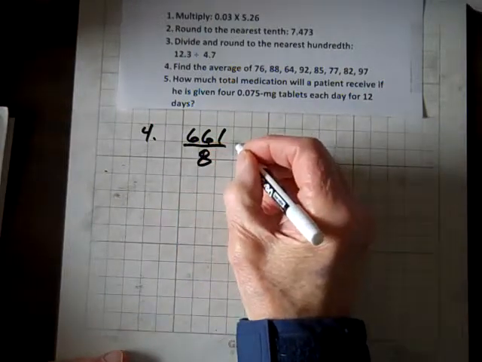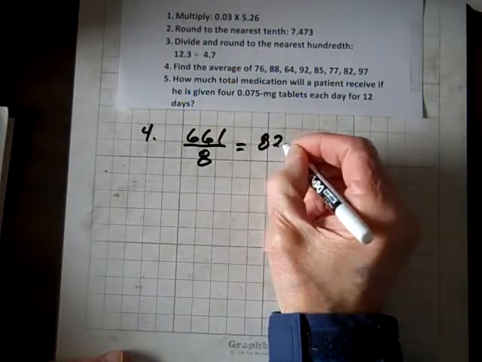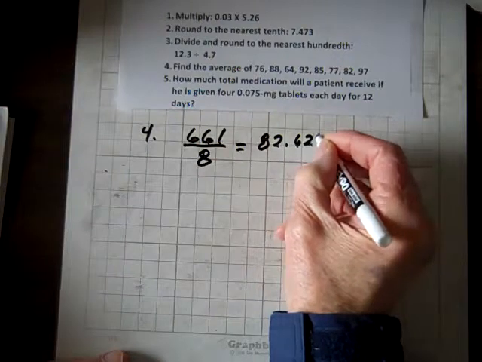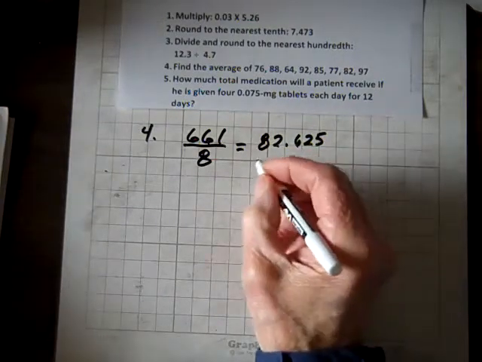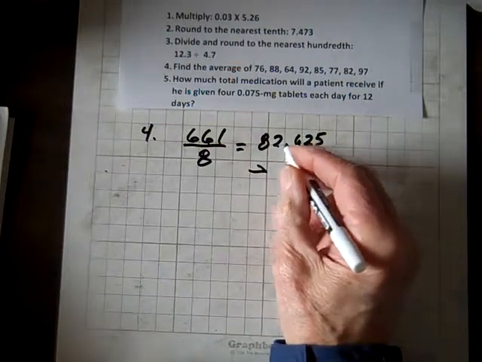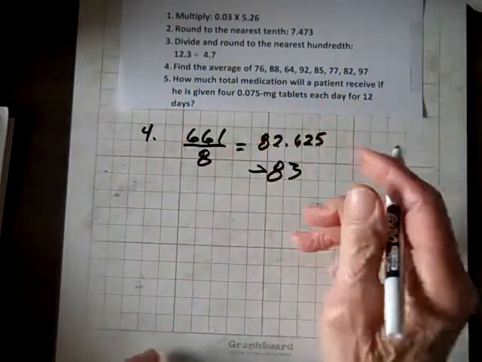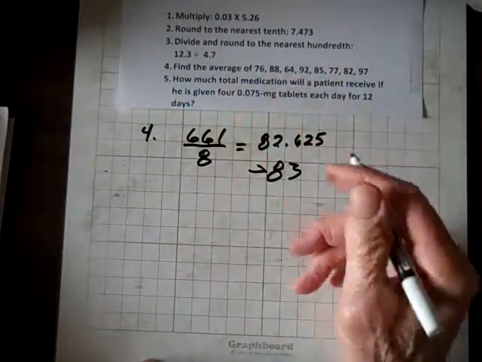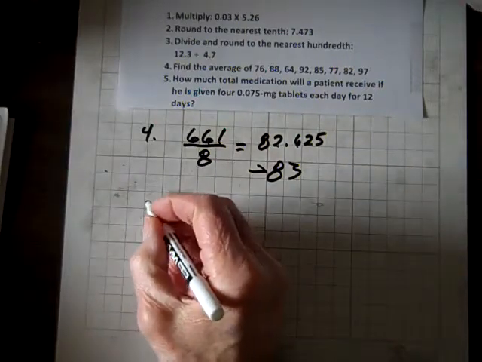That's how we find the average, and that equals 82.625. And if we were going to round that to the nearest integer, then we'll round up to 83. And by the way, you can use a calculator on all these problems. So I'm doing it the long way, but you can use a calculator.